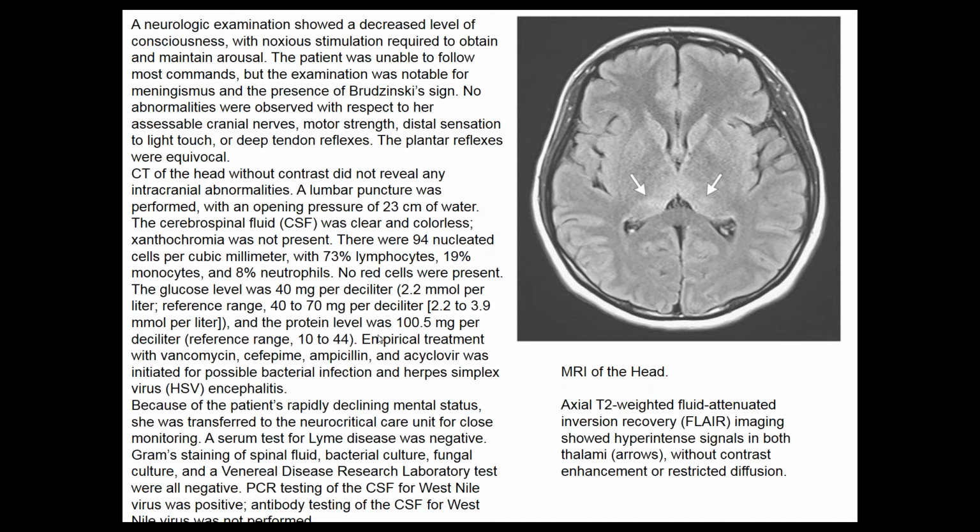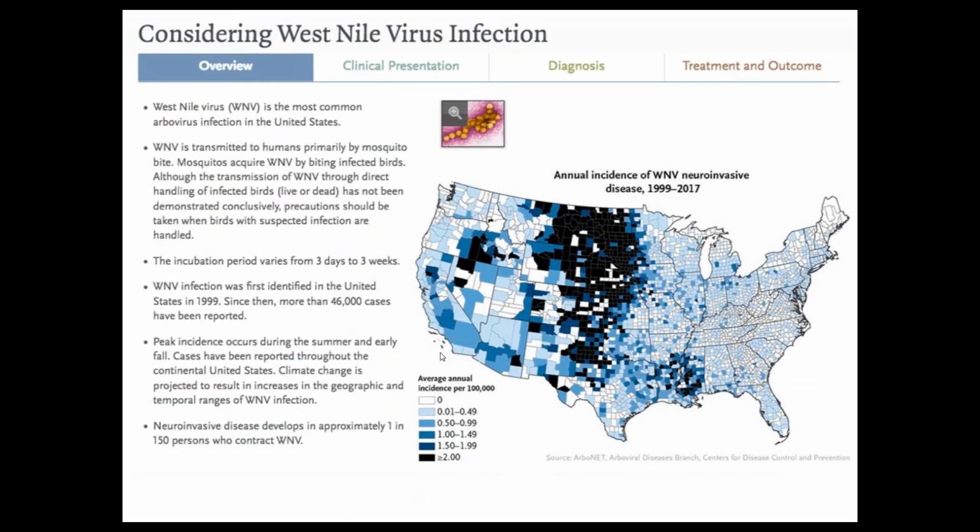She's treated with antibiotics and acyclovir anyway, but an LP is done, and then we went over what the findings are in viral encephalitis: a little bit of protein elevation and a little bit of white cell elevation, but not necessarily neutrophils, and a negative Gram stain, etc. No erythrocytes, or at least very few. And then we discuss West Nile virus infection, which this patient had.